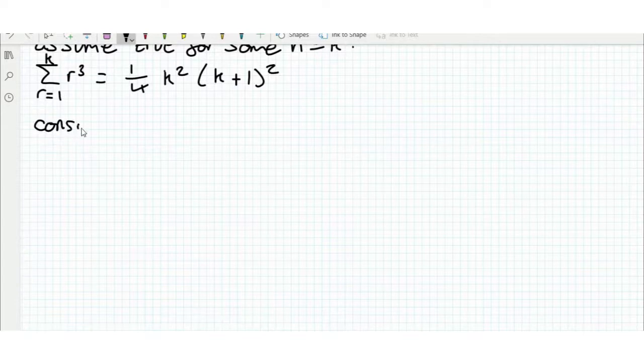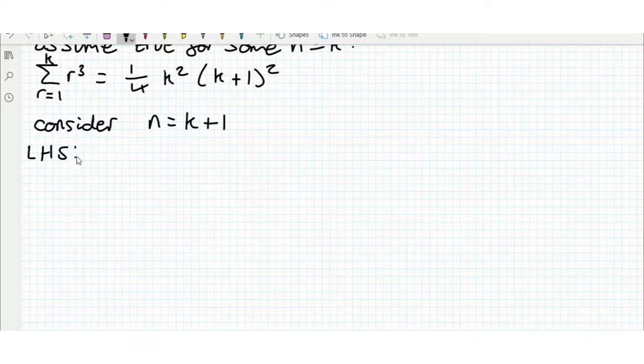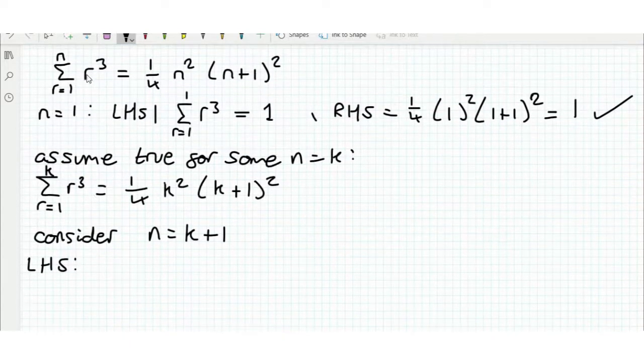Now we want to consider n equal to k plus 1. We're going to start on the left hand side and try to show that this left hand side, when n is equal to k plus 1, is equal to the result we're looking for, which is 1/4 k plus 1 squared times k plus 2 squared, because if you substitute k plus 1 for these n's, that's what you get.